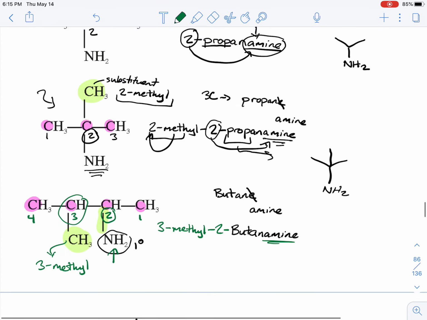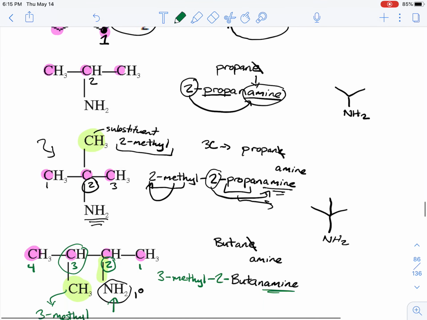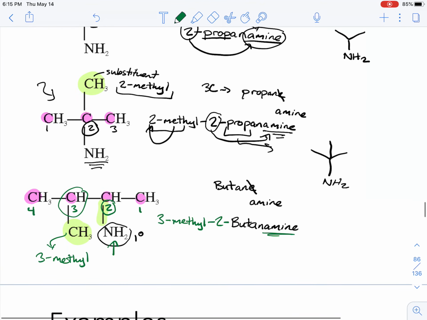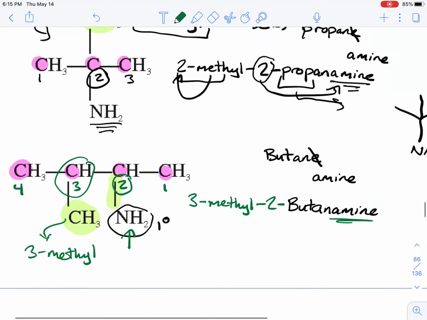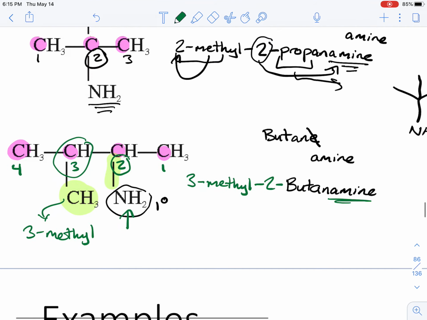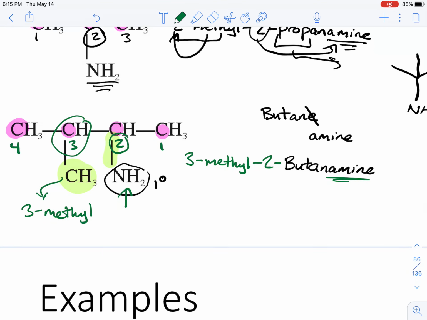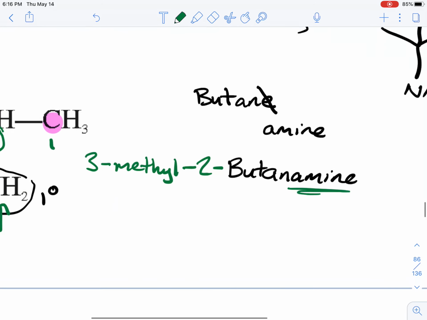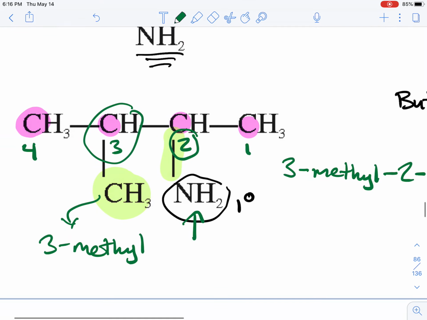All right, so hopefully you guys are becoming familiar with how to name these amines. Once again, you definitely want to work backwards, and so try practicing how to go from the name back to the structure.